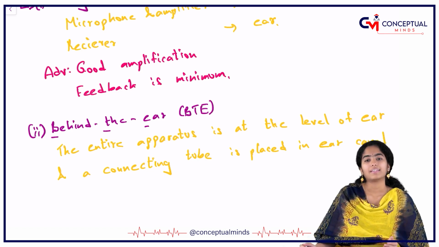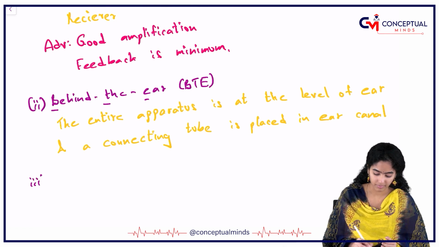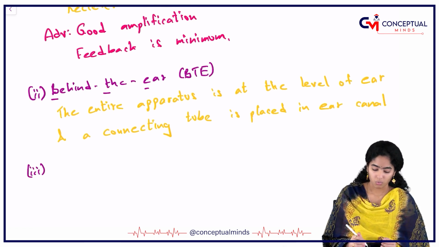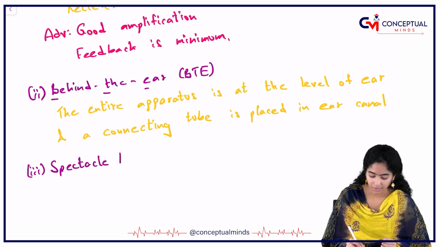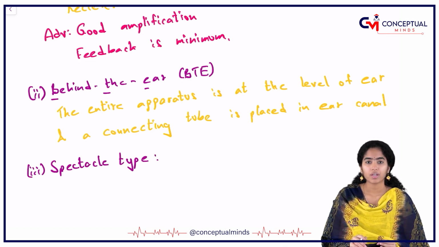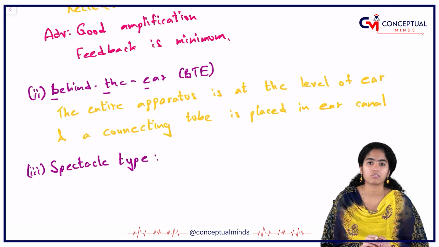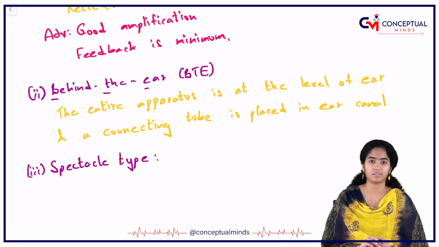Okay. The next type is a spectacle type. What is this spectacle type? Now in patients who need spectacles also and hearing aids also, this idea was generated for them basically. It's a modification of behind the ear type.